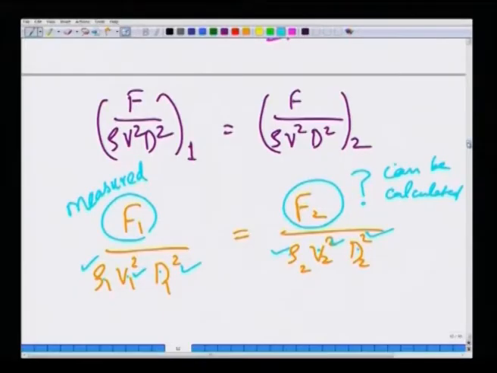Now, the next thing we did was to show that by non-dimensionalizing the Navier-Stokes equations, we again found that the drag force on an object like a sphere is merely a function of the Reynolds number, but we also found one additional piece of information.